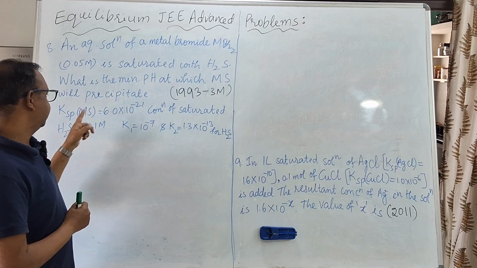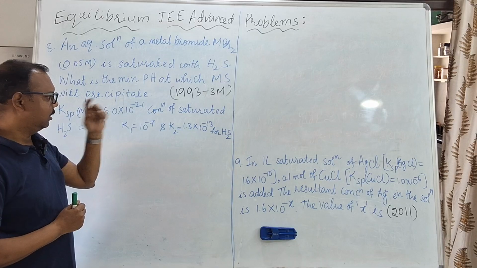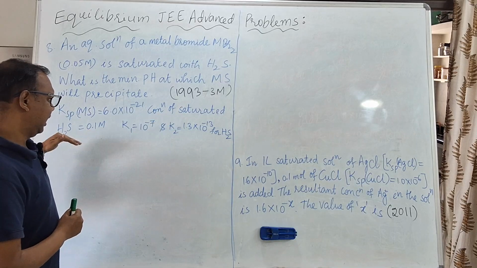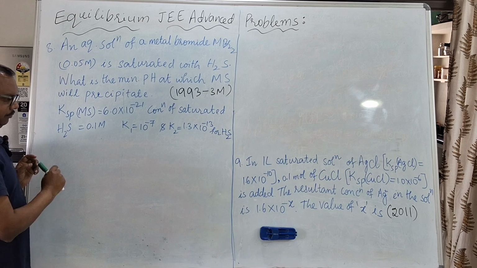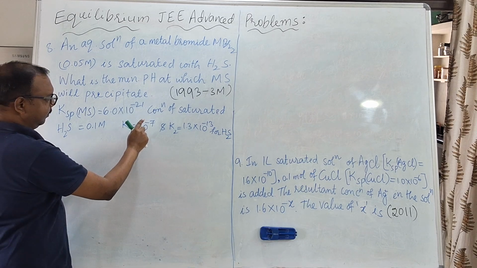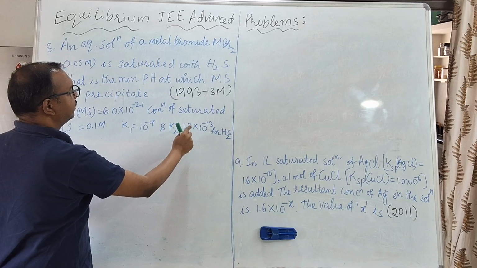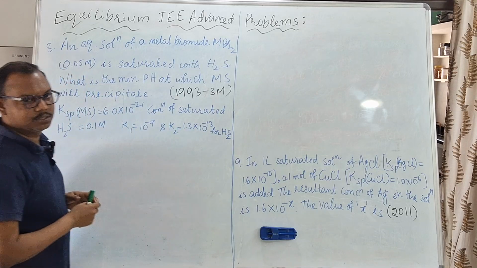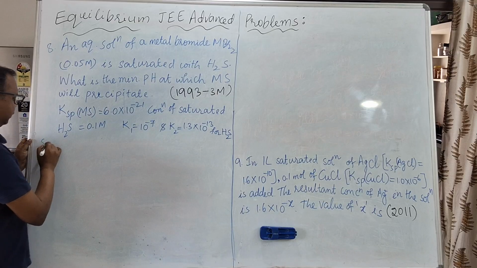Ksp is given as 6 into 10 power minus 21, and the concentration of saturated H2S is given as 0.1 molar. K1 equals 10 power minus 7, K2 equals 1.3 into 10 power minus 13 for H2S. Now, let us consider the solution.